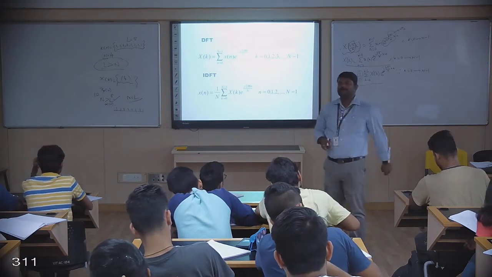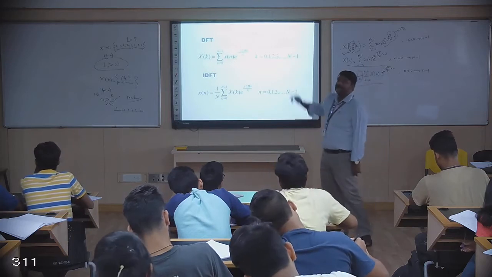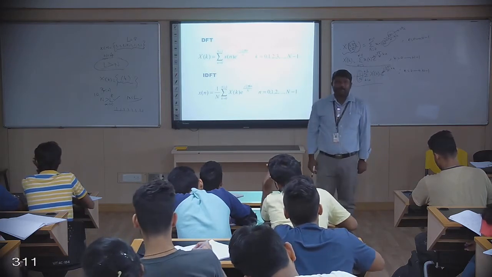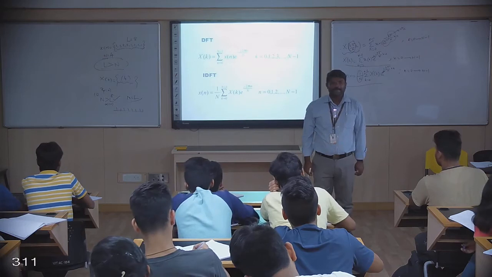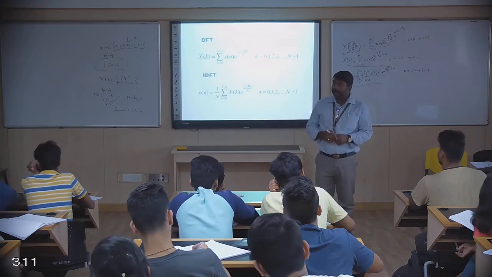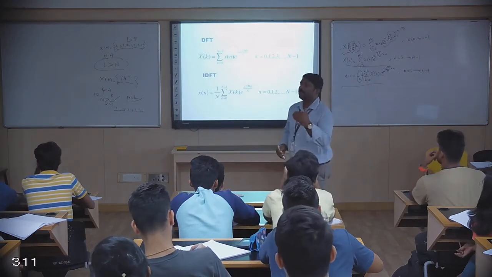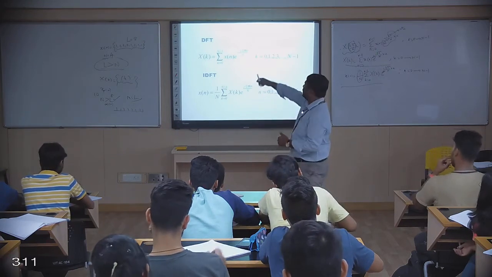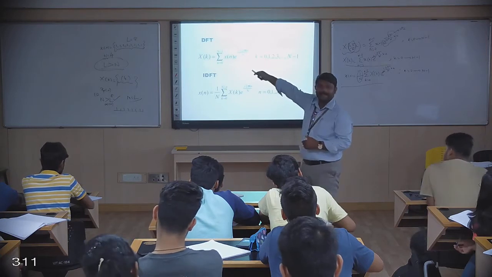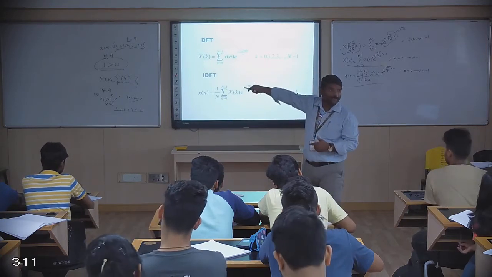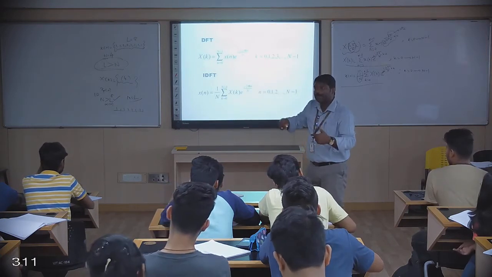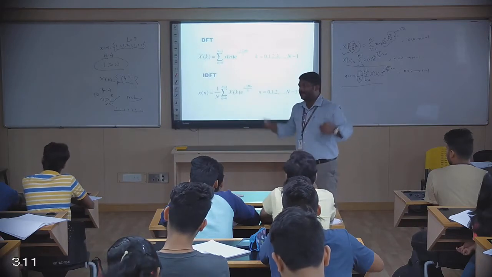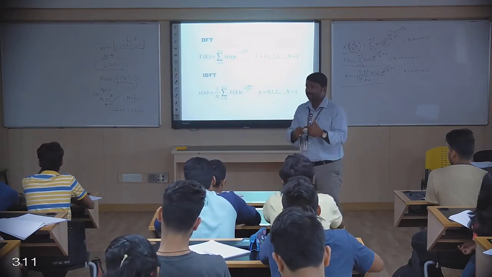Now suppose there is a case where L is greater than N, what do you have to do? You have to use zero padding. Only there will you be using zero padding. Say for an example, in this case L is 8 and your N is 4. Then you have to use an 8-point DFT, not the 4-point DFT.